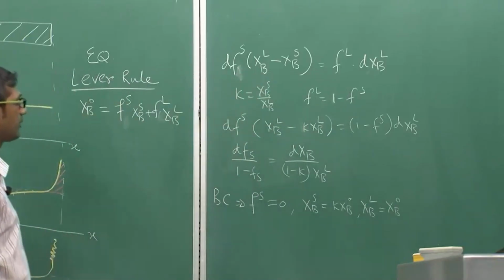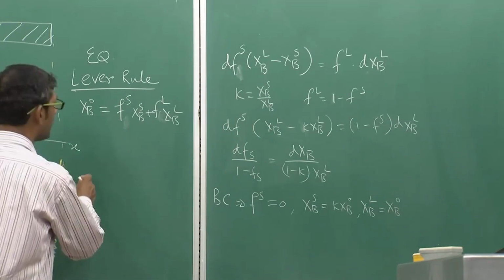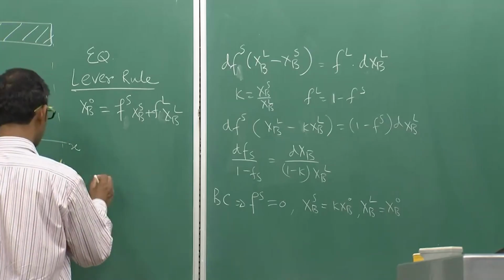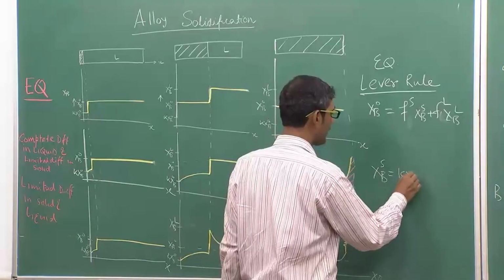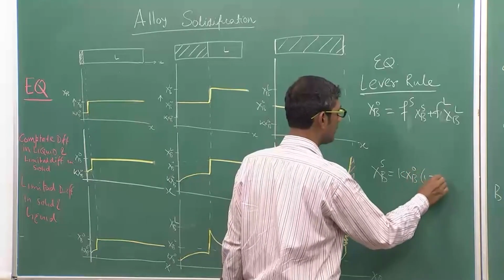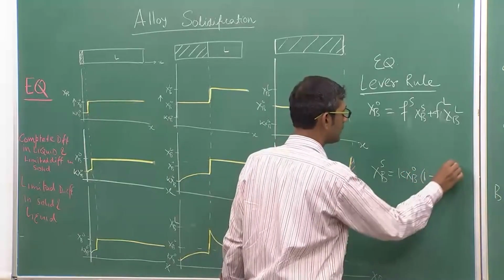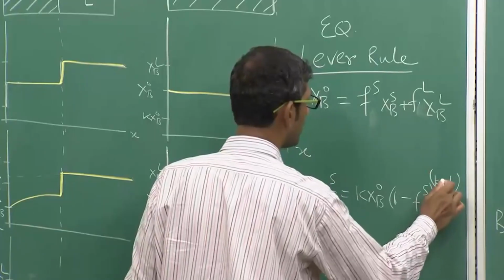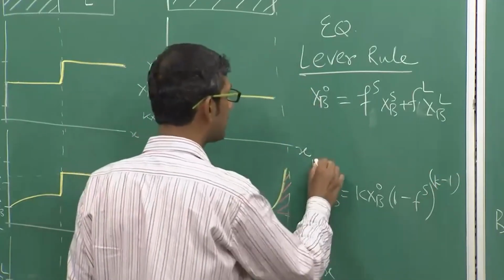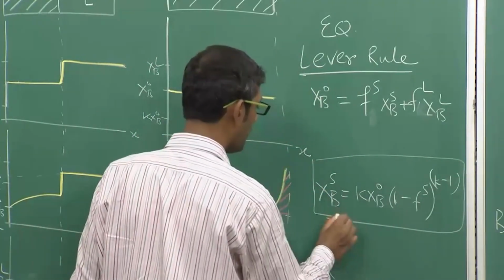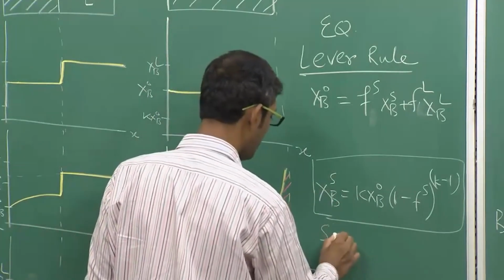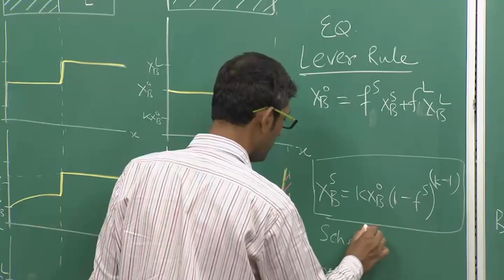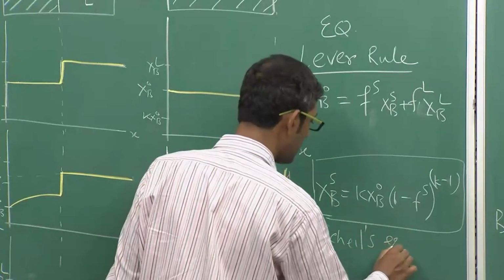If you plug in all these things, the final equation I write down is XBS equal to K XB0 (1 minus FS) to the power K minus 1. This is known as the non-equilibrium lever rule, or Scheil's equation. Many people say Scheil's equation.